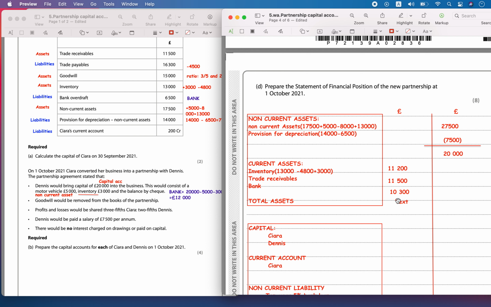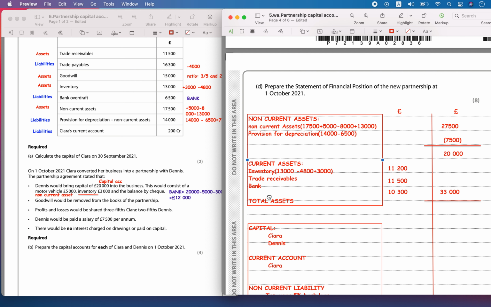That value is equal to 33,000. Now we have to add up total assets.